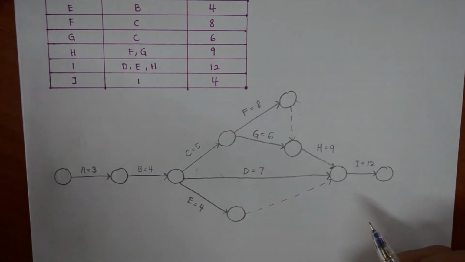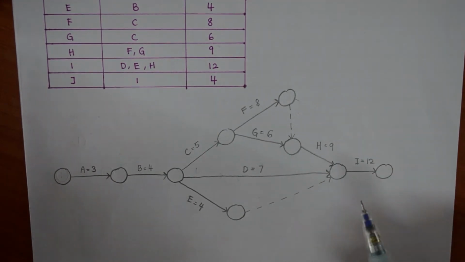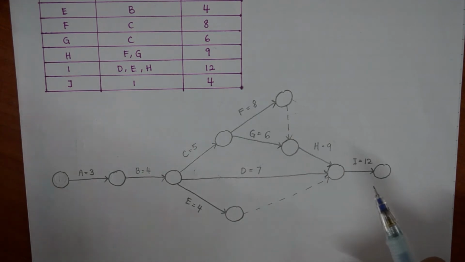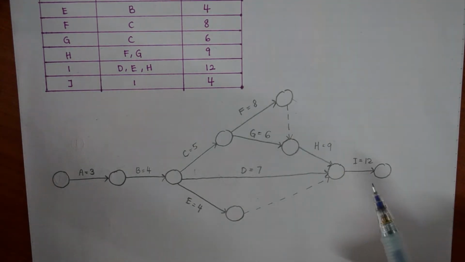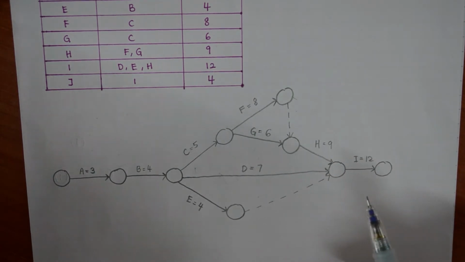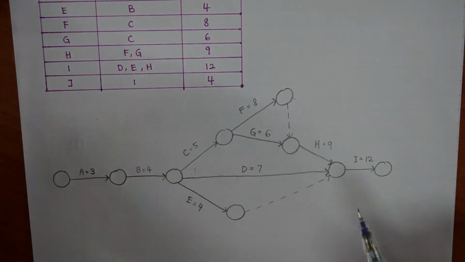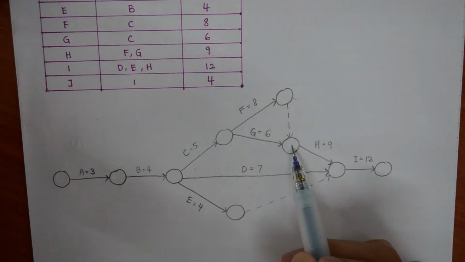The reason is because if we look at the rules, 2 nodes can only be connected with at most 1 arc, which means they can only be connected with 1 activity. It also means that no two activities should have the same starting node and the same end node. For H, the starting node is here and it ends here.